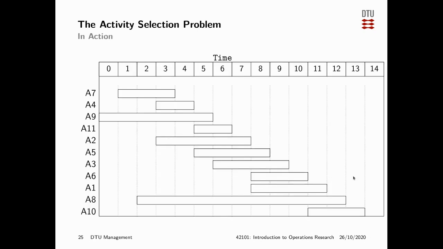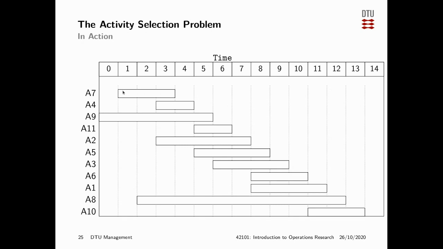To help illustrate the greedy heuristic, I've put together a Gantt chart to define this activity selection problem. Here we see the 11 activities as bars on this Gantt chart. The length of a bar is just the duration of the activity, and the bar for each activity starts at the activity's start time and runs until the end time.